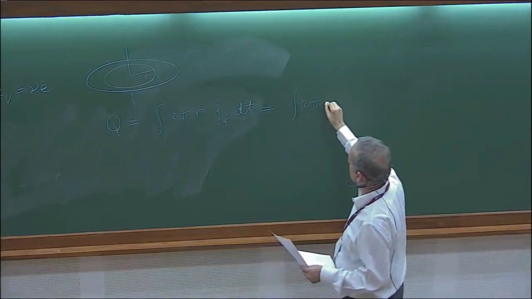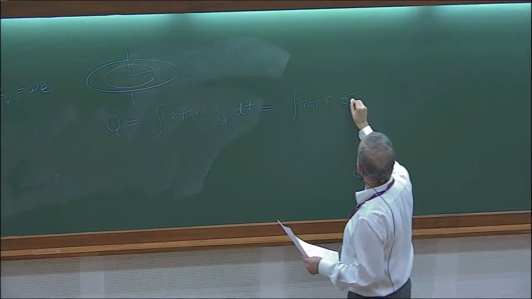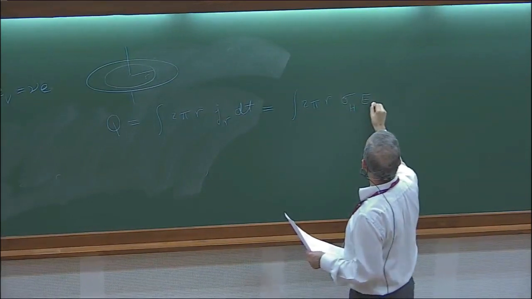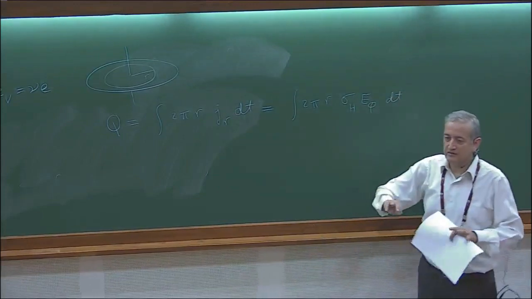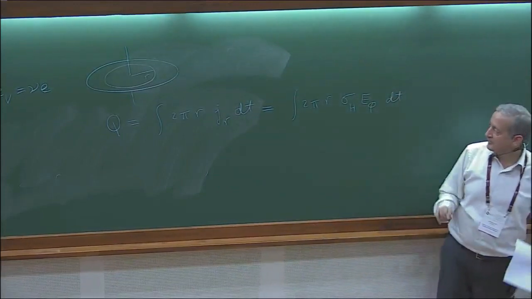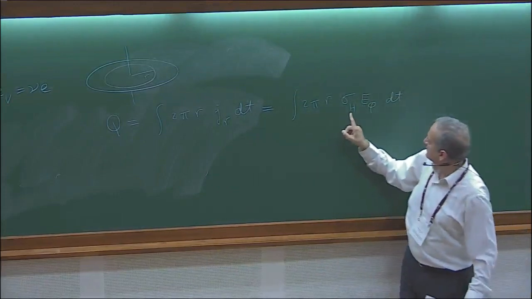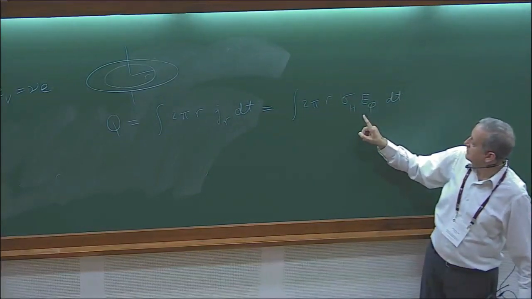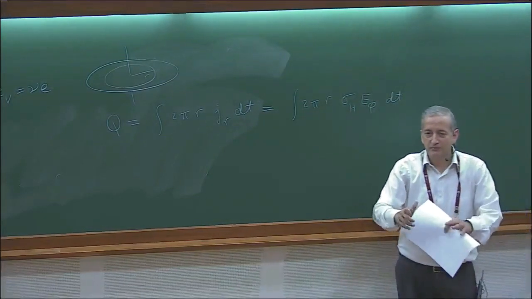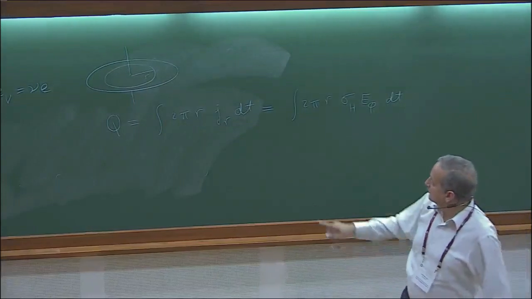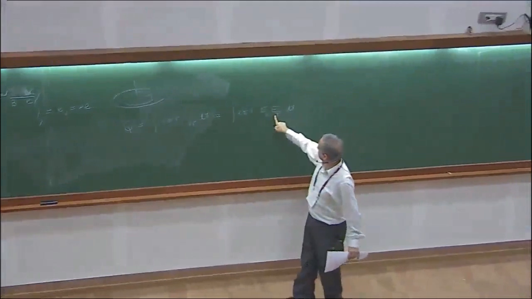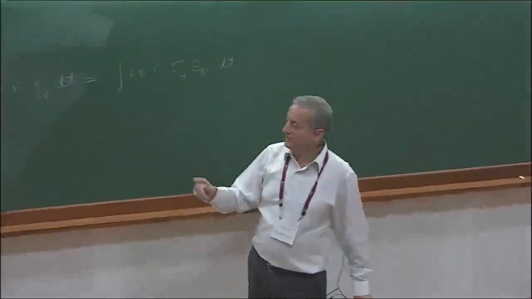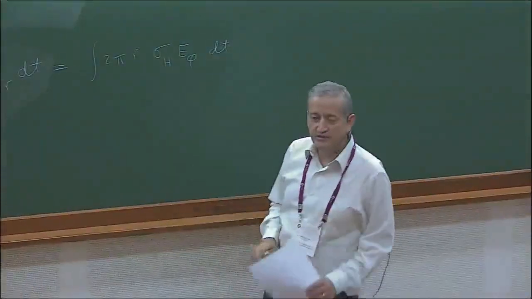So I'm assuming that there is no disorder. It's an incompressible state. So J is equal to sigma E, which are all in perpendicular directions to each other. So the current in the radial direction depends on the electric field in the azimuthal direction, and the coefficient that describes this proportionality is just the Hall conductance. So we have this.